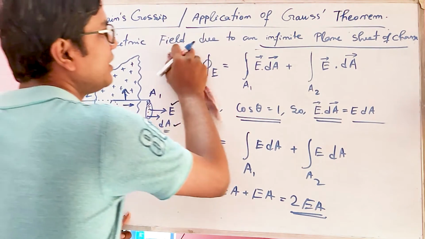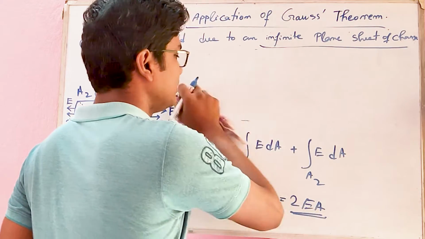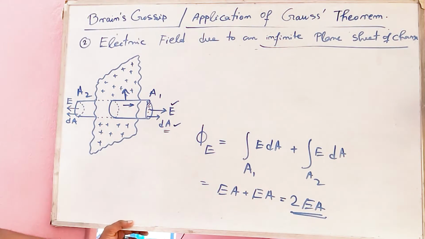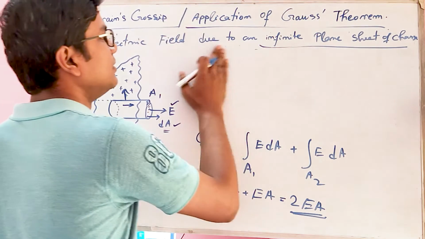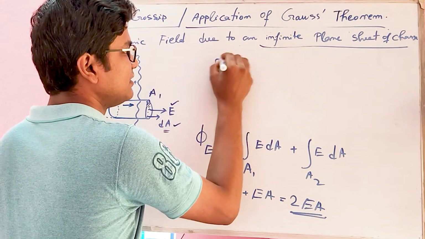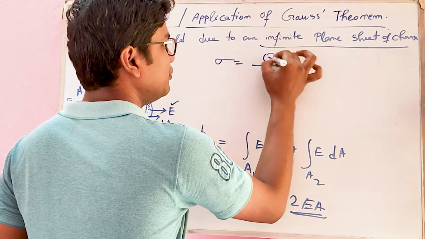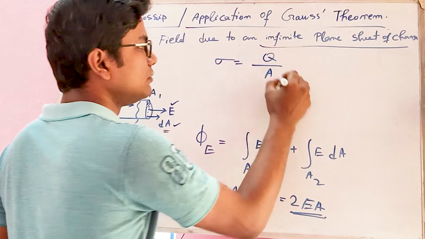So let us quickly try to find out what will be the charge enclosed by this Gaussian surface. If the surface charge density is sigma, that is equal to total charge Q by area.